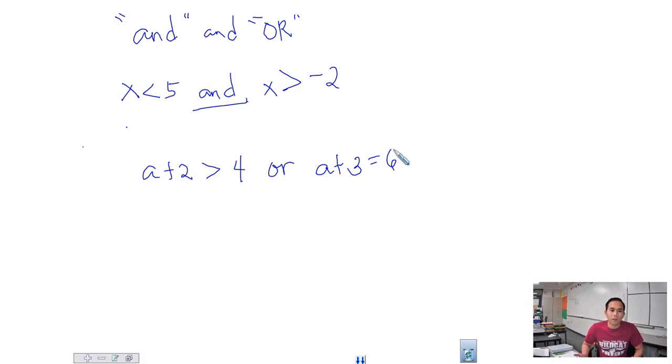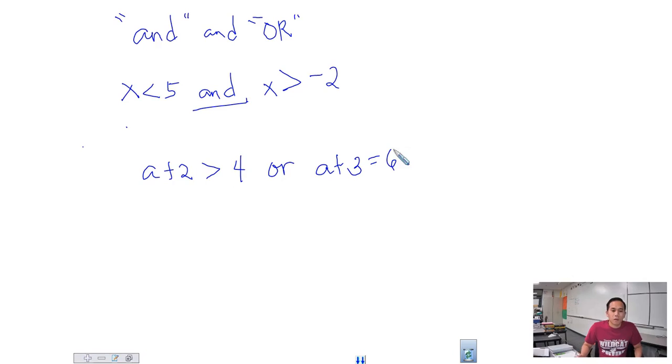For and, a solution to the compound inequality is a solution to both inequalities. It must be a solution to both of them. While for or, the solution to the compound inequality is a solution to at least one of the inequalities.